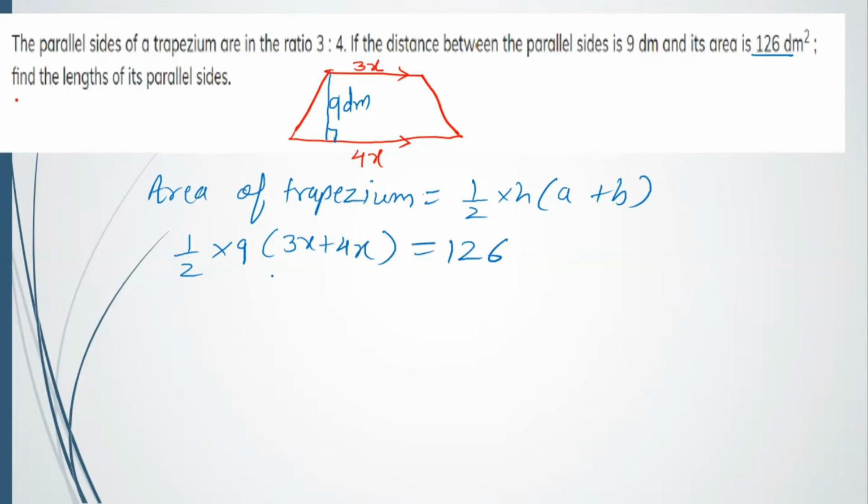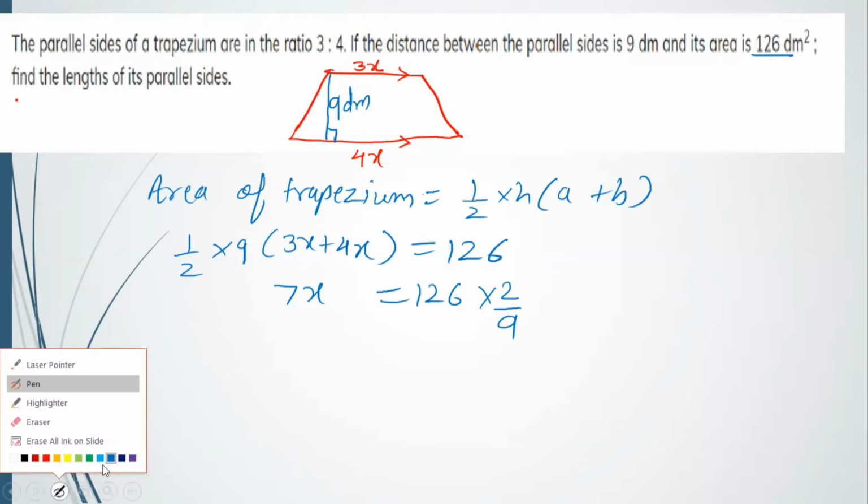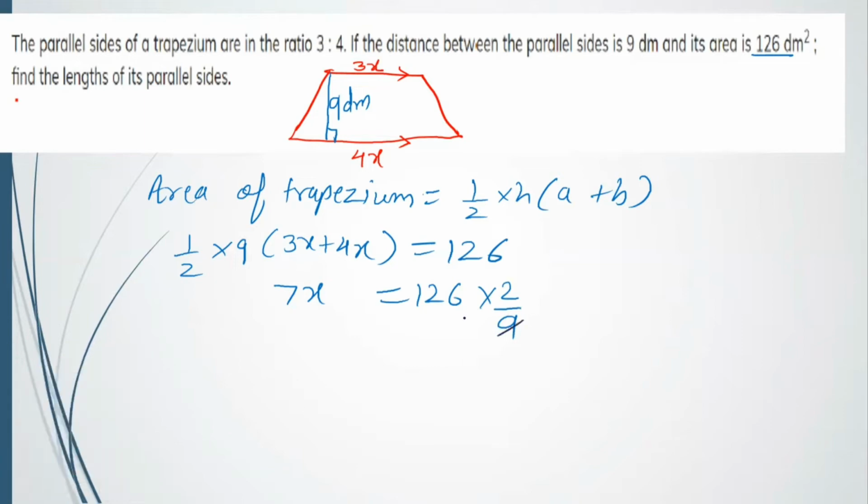When you simplify this, 3x plus 4x is 7x, and this 9 and 2, when it goes to the other side, it becomes inverse. So it will become 2 by 9. On simplifying this, 9 ones and 9 14s, so you get 14 into 2.